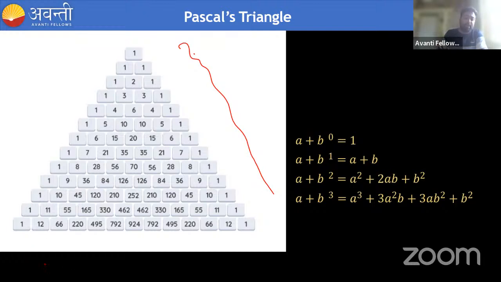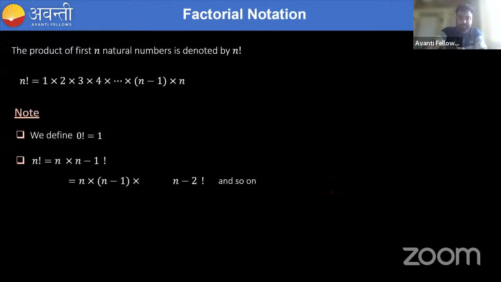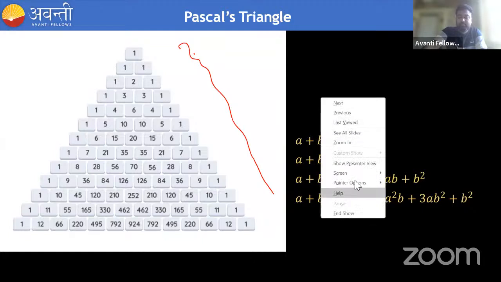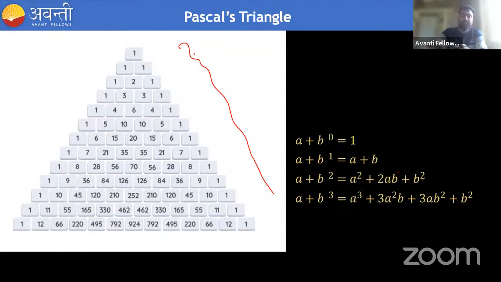Suppose I'm taking one example here. I'm taking a blank page so we can understand. Suppose I take the binomial expression a plus b to the power 0.